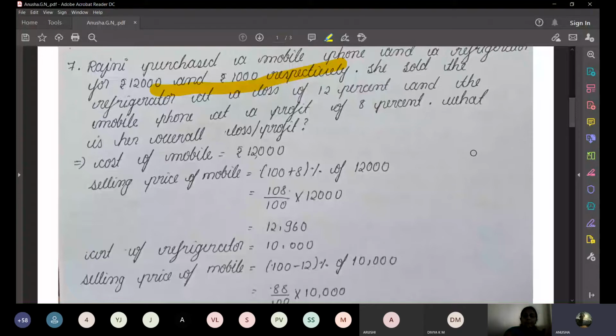Here they have given the mobile phone. She purchased the mobile phone for rupees 12,000 and the refrigerator for rupees 10,000. Here they didn't give the real amount for which she sells. Instead they gave it in percentage form, so we should convert this percentage into a real amount. To convert, we should add or subtract from 100.